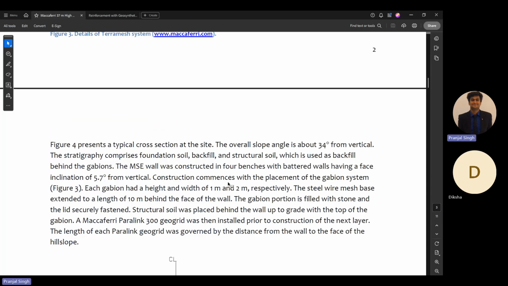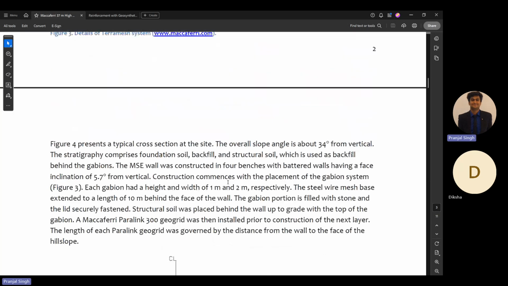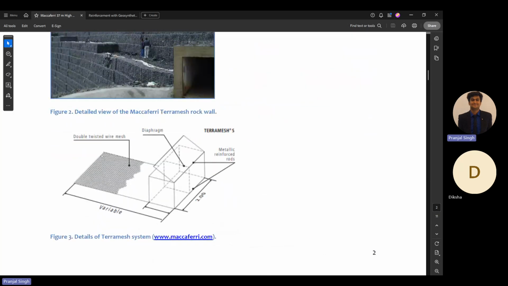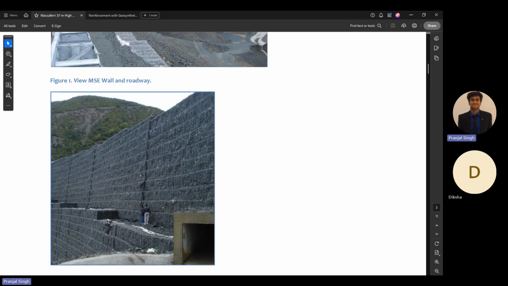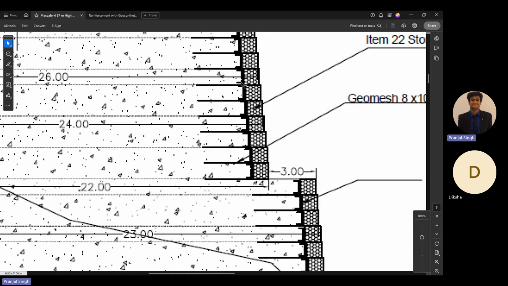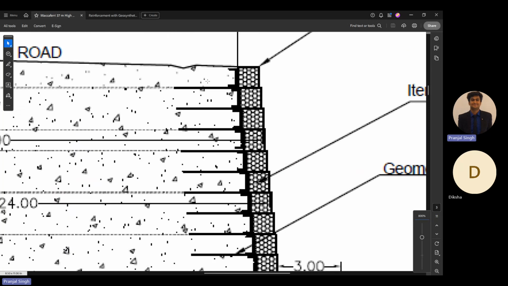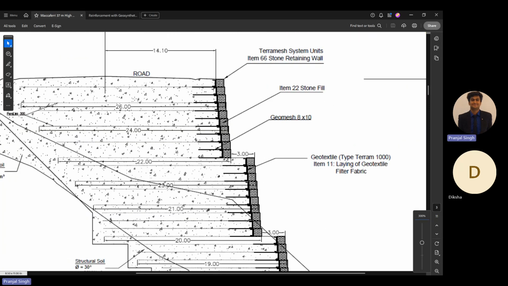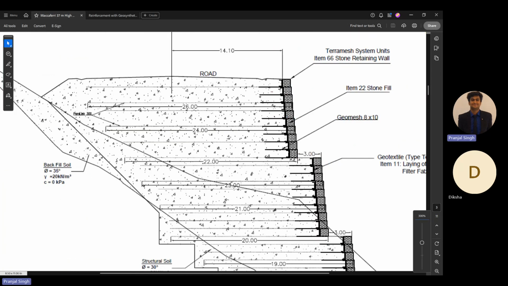Please note that this wire mesh does not contribute to the reinforcement of the soil because this length is very small. Here you can see the whole cross section. The length of the wire mesh is only this, whereas the length of the reinforcement is very, very high.